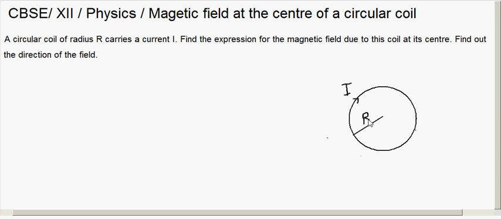To apply Biot-Savart law, what will we do? We will consider a small current element, say dl.